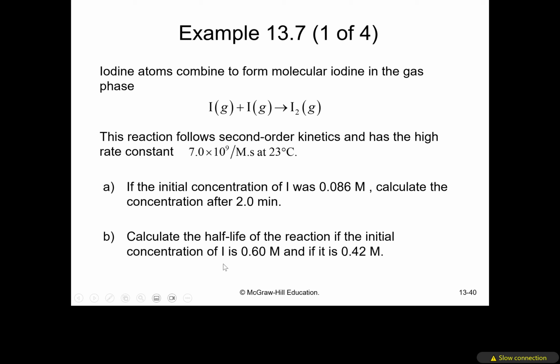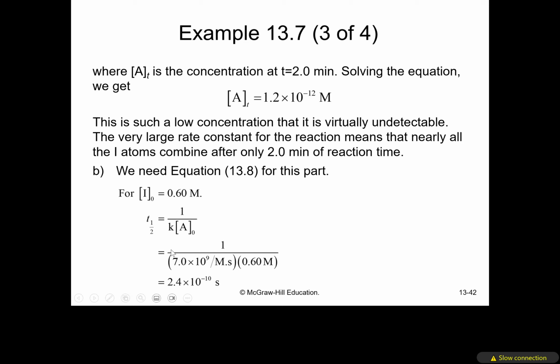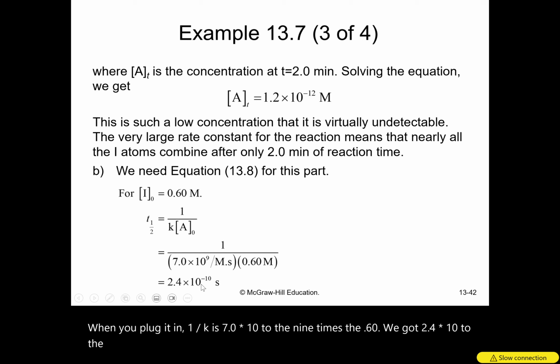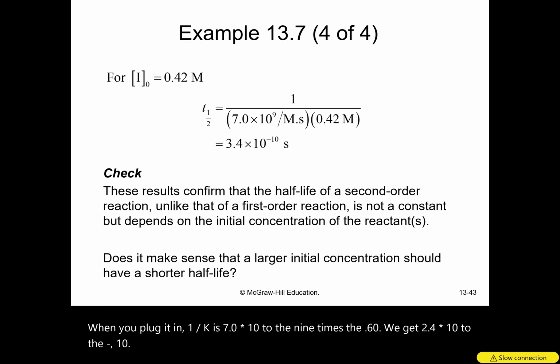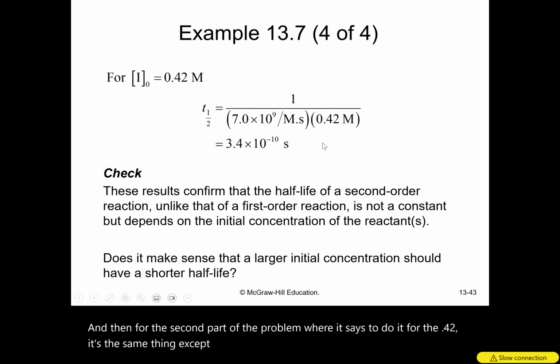The concentration was given to us in the problem, 0.60 M. When you plug it in, 1 over K is 7.0 times 10 to the 9 times the 0.60, we get 2.4 times 10 to the negative 10. And then for the second part of the problem, where it says to do it for the 0.42, it's the same thing except this value is changing, and that is equal to 3.4 times 10 to the negative 10th second.